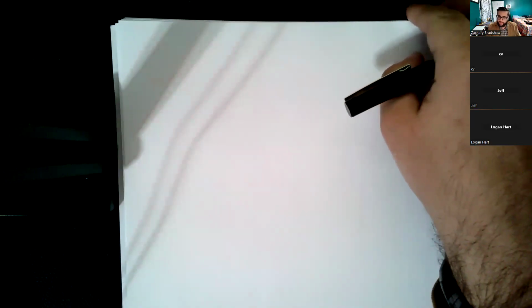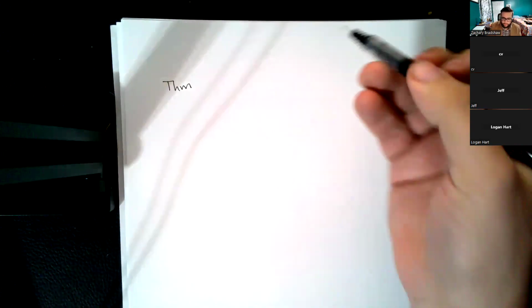So that kind of motivates the next theorem that we're going to go ahead and prove, which is the mean value property.